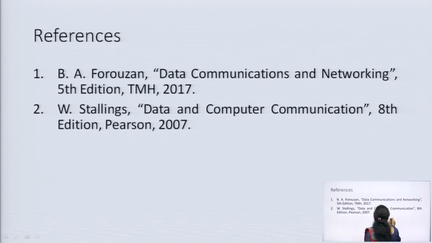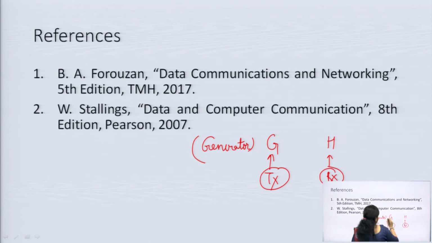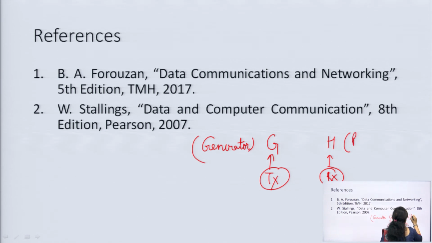So, you have to generate this generator polynomial at the transmitter side, and you have to generate this H matrix at the receiver side. This is the generator matrix, this is the parity check matrix.